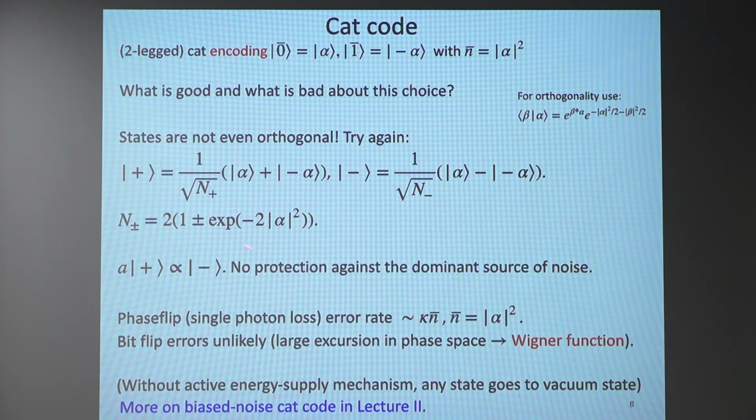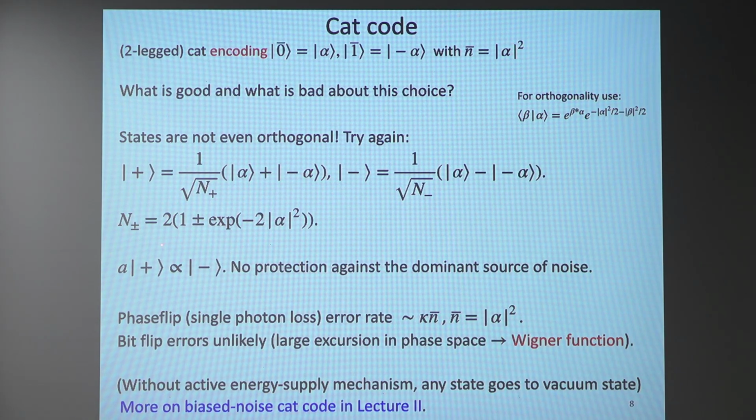And this is why, actually, you can just focus on these two states. Let me call this plus, and let me call this minus. Note these states have a slightly different normalization, but if alpha is very large, then this second term is 0, so the normalization is just the same.